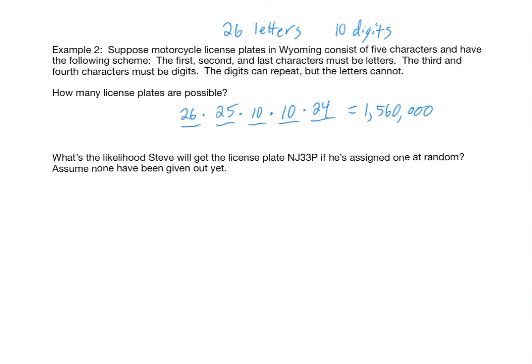Well, that's one out of this total of 1,560,000. So there's a 1 in 1,560,000 chance that he will randomly be assigned that license plate. So it is highly unlikely that he will be assigned this license plate. That's the reason we have vanity license plates. If you really want a particular license plate, you can pay extra money to get it.